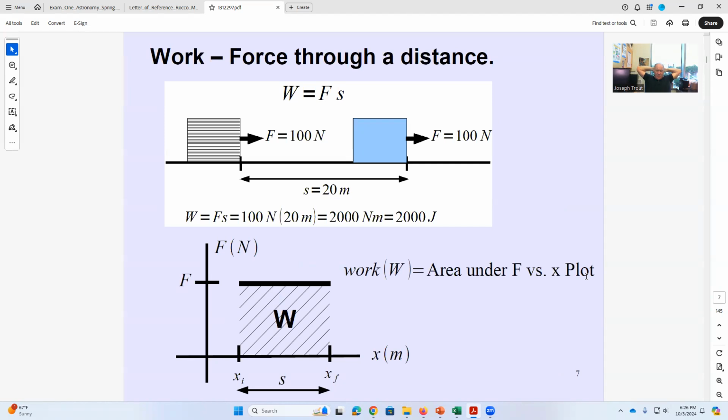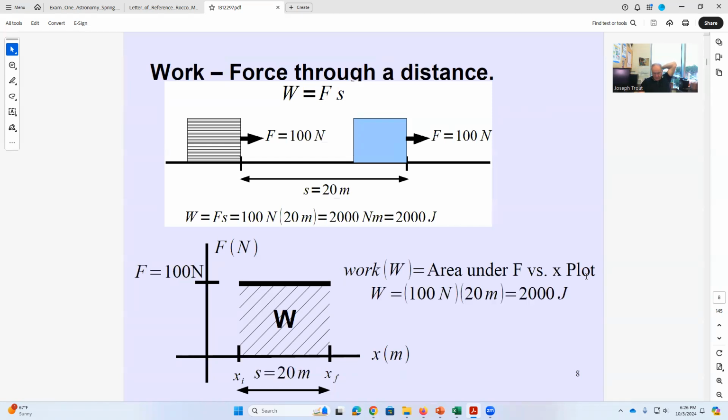If we want to find the work, we can plot the force versus displacement and take the area under the curve, and that will give us the work. For example, if we apply 100 newtons and we travel 20 meters, then the work is the area under this curve, which is 100 newtons times 20 meters, or 2,000 joules.